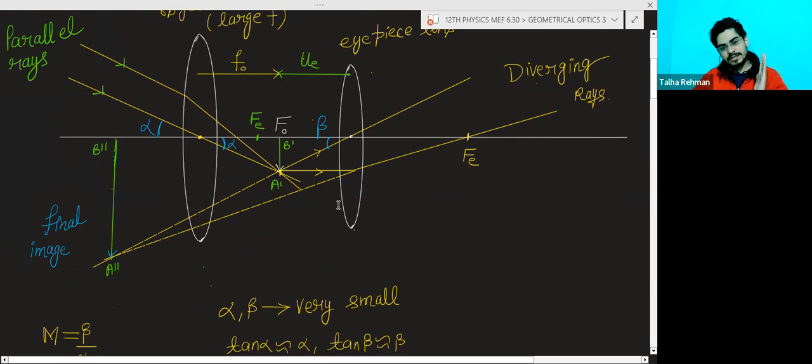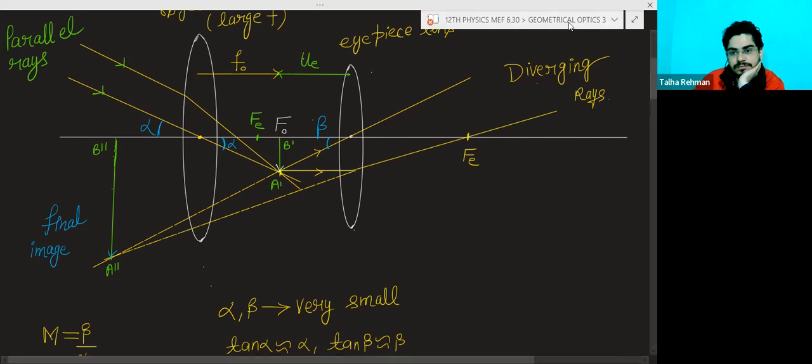Why? Because you are measuring the distance from the eyepiece lens in this direction, and the direction of the incident light is in the opposite direction. That is why D is negative, and UE will also be negative for the same reason.